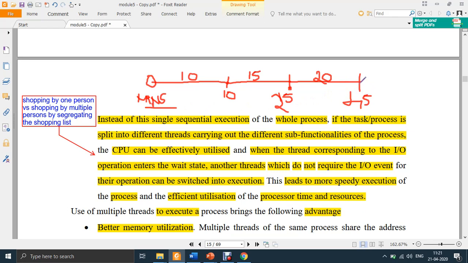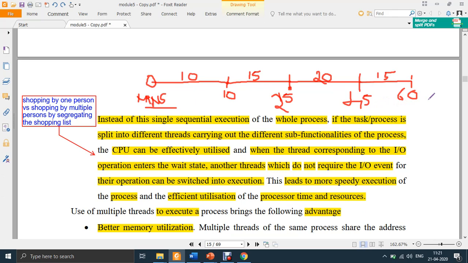The last thing is fruits. Let's say he requires another 15 minutes to go and procure the fruits. So 45 plus 15, it is 60. Totally it requires 1 hour for one person to do all these jobs.